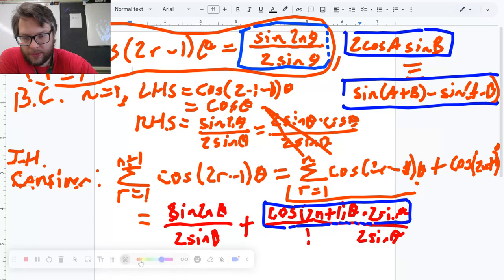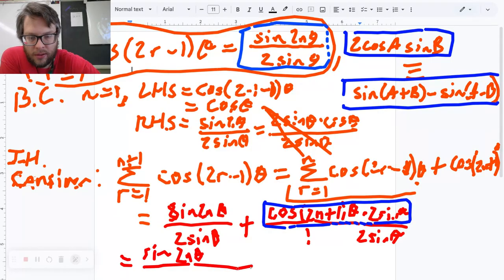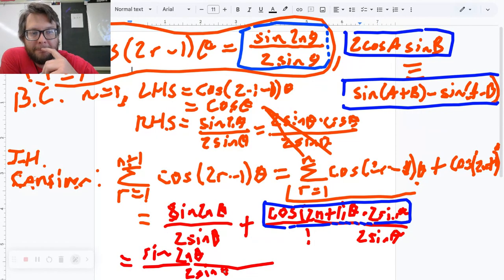So the first fraction stays the same, sine of 2n theta. The denominator now for both of them is 2 sine theta. And then the right-hand fraction becomes sine of A plus B minus sine of A minus B.